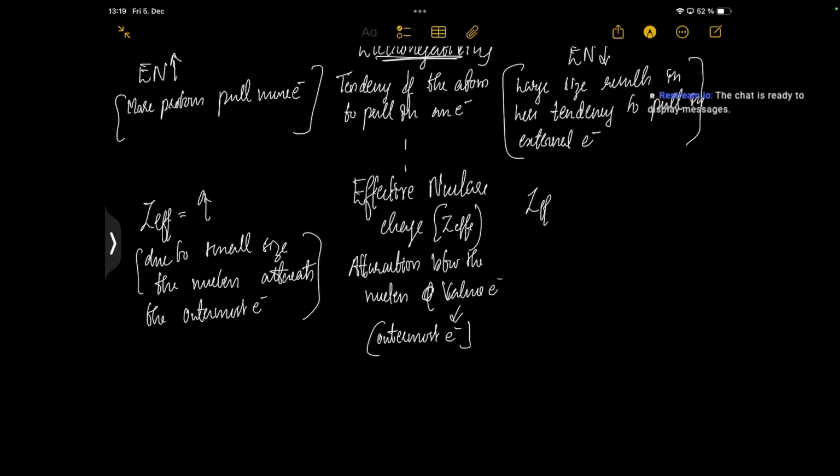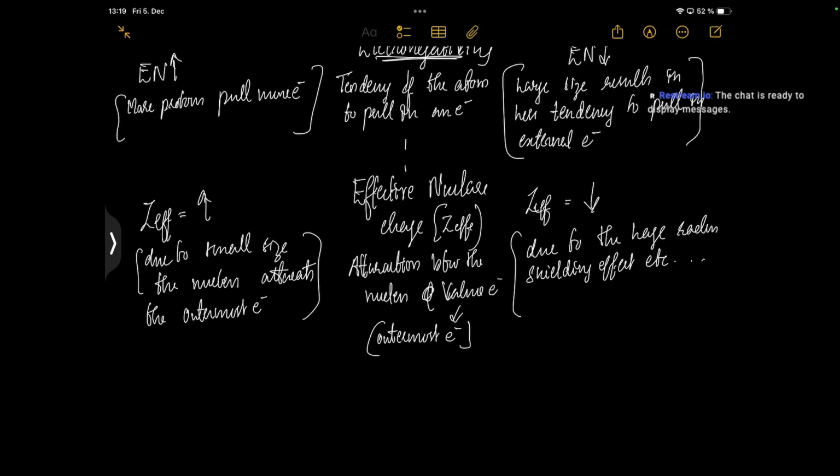Now, effective nuclear charge for bigger atoms is going to be low because of the large radius, shielding effect, etc. Less attraction between the nucleus and the outermost shell.